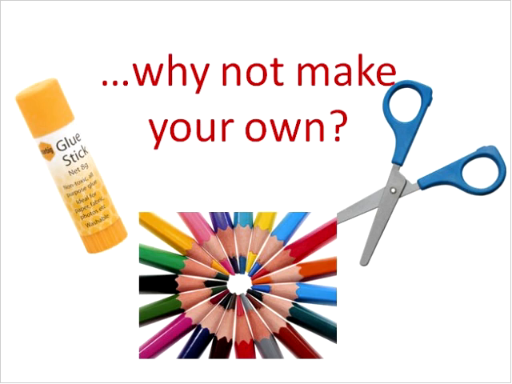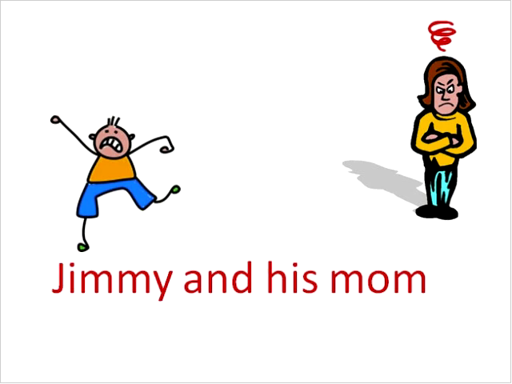But what can we use these mask puppets for? Well, let's click on and see. Oh! I hope you recognize that this is Jimmy. And here I have Jimmy's mom.